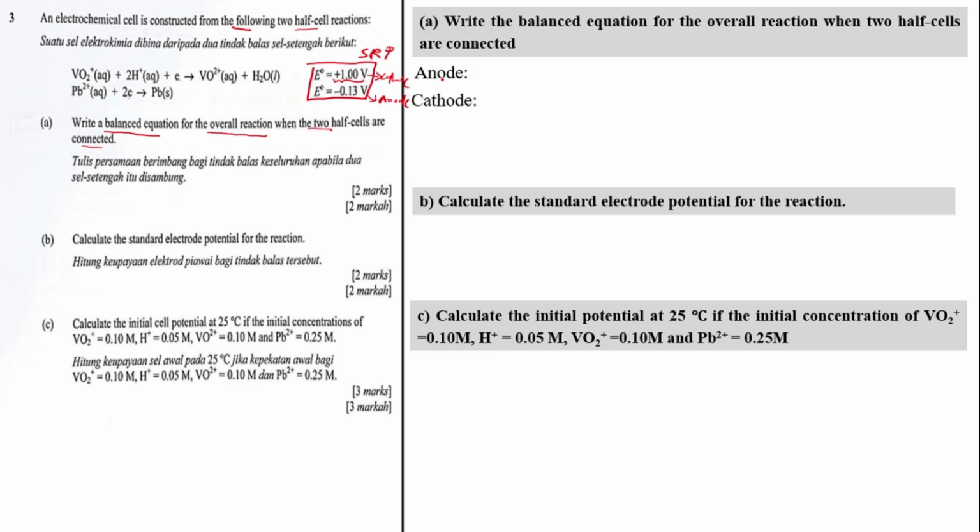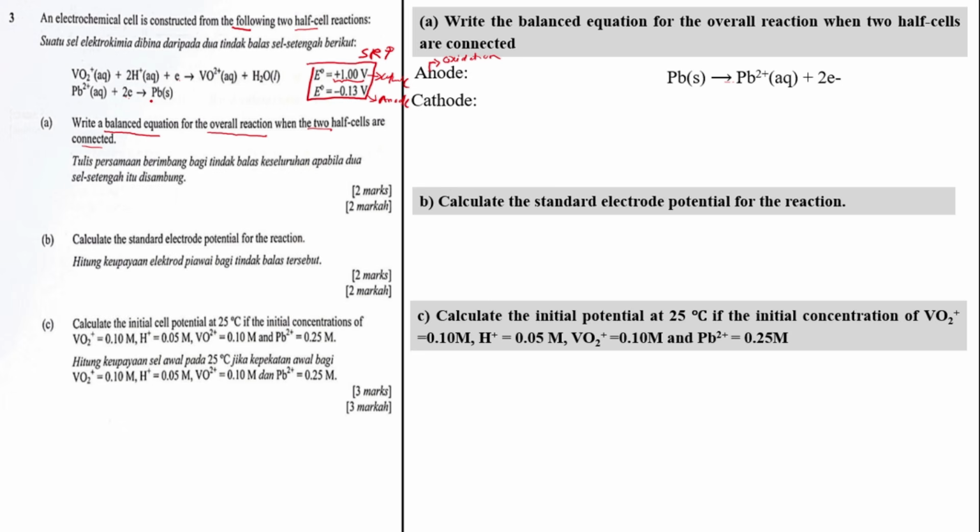So for the equation at anode, it's going to be the reaction of the Pb solid, and you know that anode is the place where oxidation happens. Okay, so when oxidation happens, we need to reverse the equation. So we know that Pb solid is going to produce Pb2 plus aqueous ion plus 2 electrons, because it is being flipped.